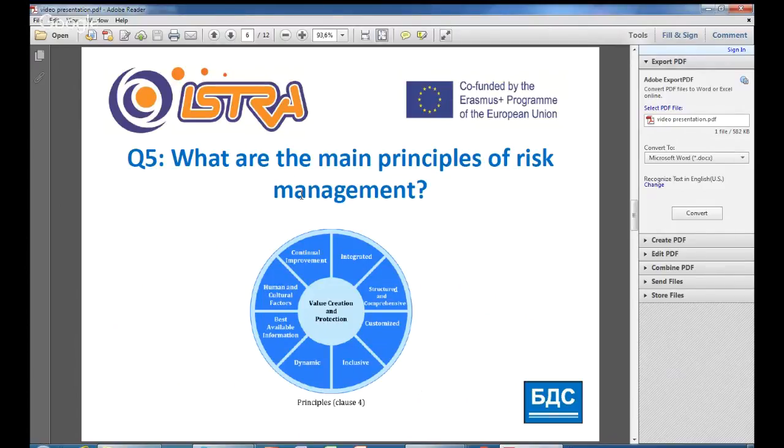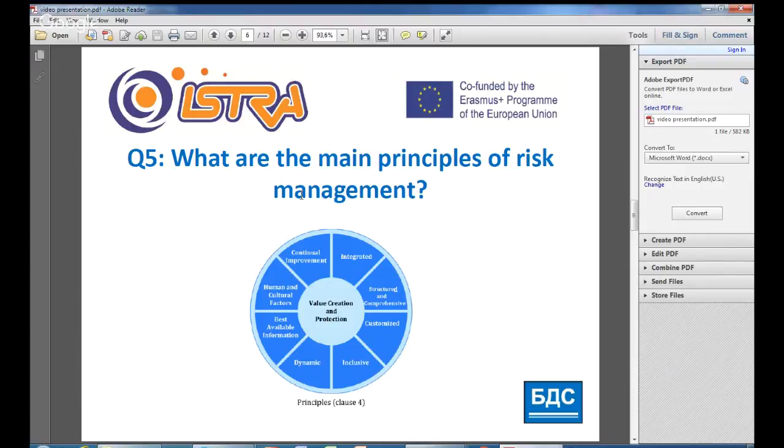We'll now go through it briefly, explaining in a few words what each principle implies. In the center of the figure, it's written value creation and protection. This is the core principle of risk management, and it means that risk management creates and protects value.